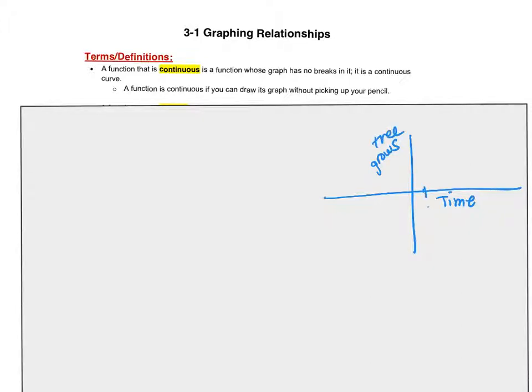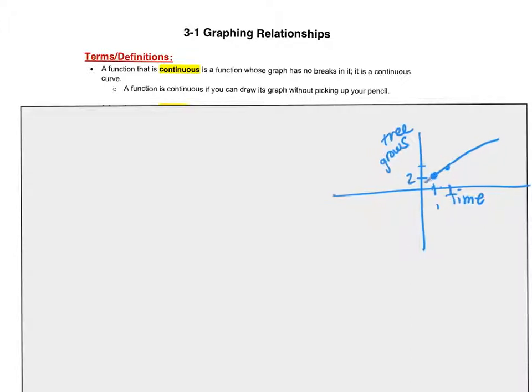So after 1 month, the tree may be 2 feet. After 2 months, the tree may be 3 feet. But what's happening is that in between the 1 and the 2 in months, it's still growing. So in reality, it's continuing to grow. So there are spots in between that are being filled in. That is a continuous graph.